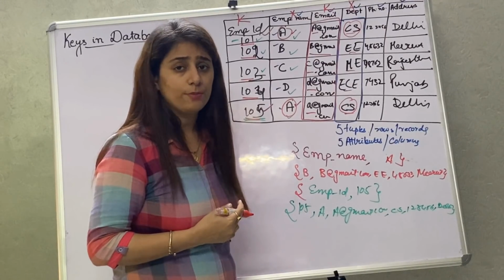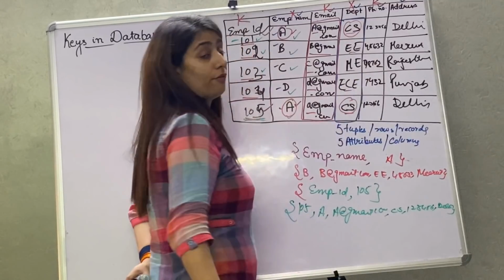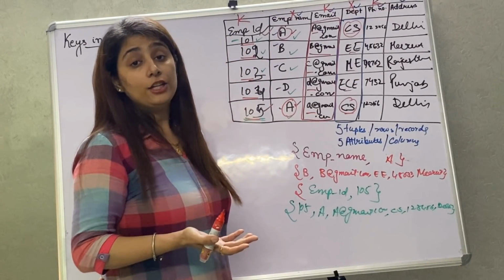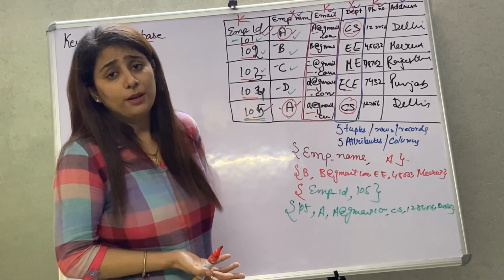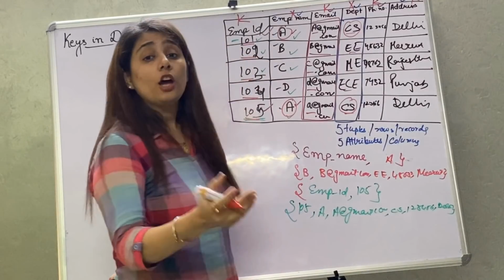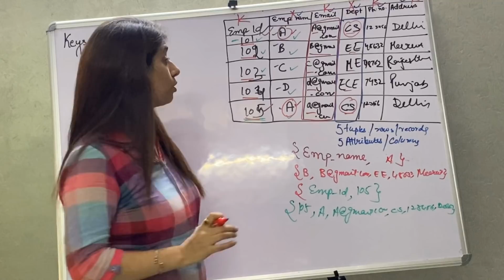No, it's not possible. So this is also a key. Now address can be the same. Any two or three persons can be from the same place, so this is not a key here. Now here you can make the subsets also.